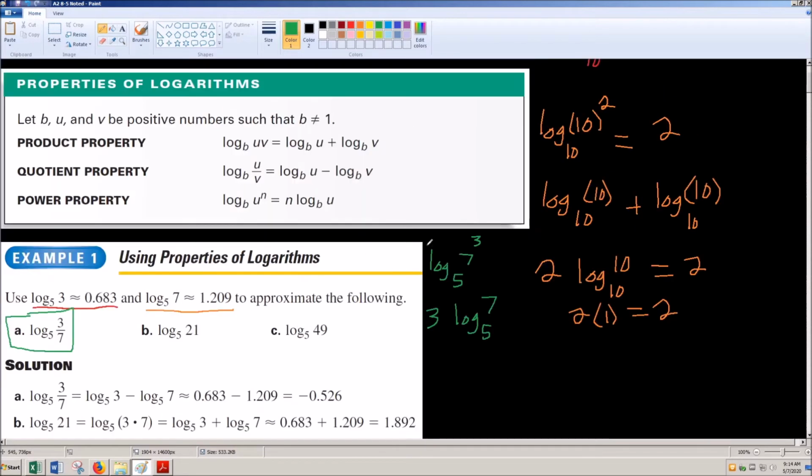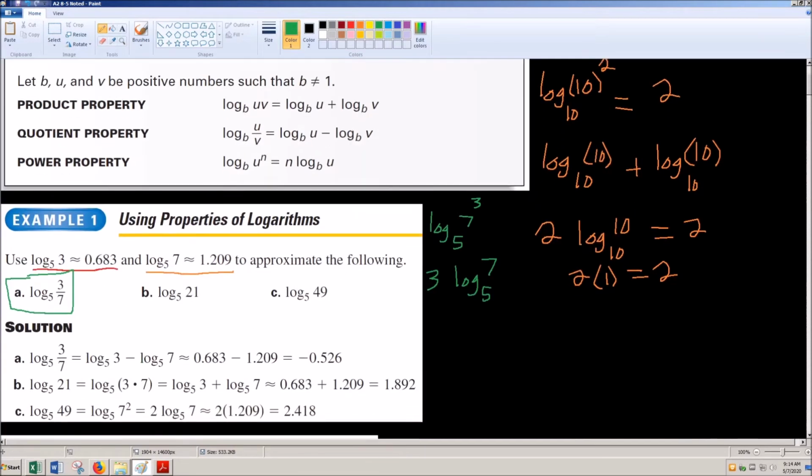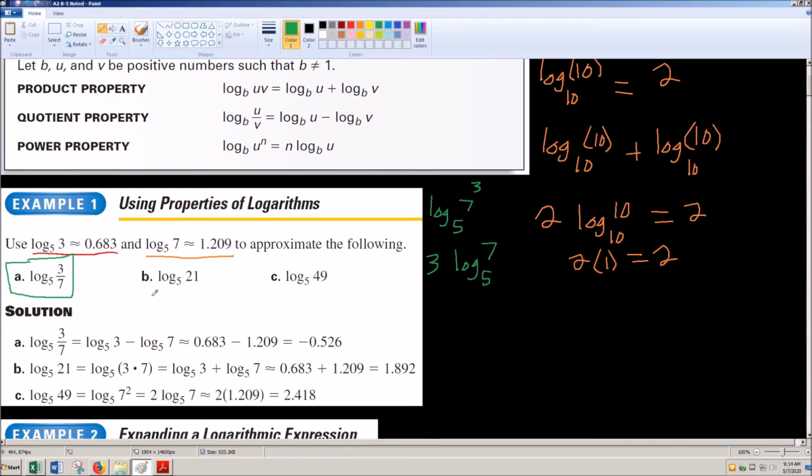Oops, I think I can keep it like this and fit everything I want. There we go. So looking at this, this is going to split, and so this will now become log base 5 of 3 minus log base 5 of 7. And then we just plug in those values. So log base 5 of 3 is my 0.683, and then my log base 5 of 7 is this 1.209. So I do the subtraction there, and I get my final answer as an approximation here.